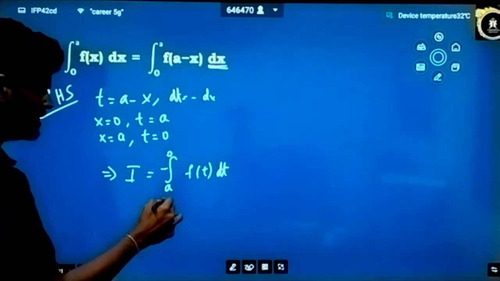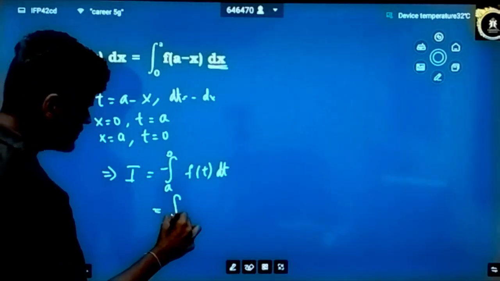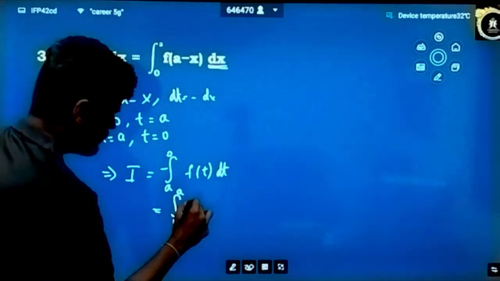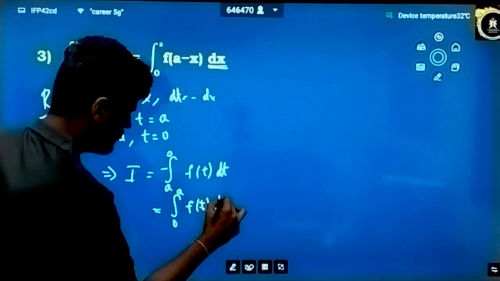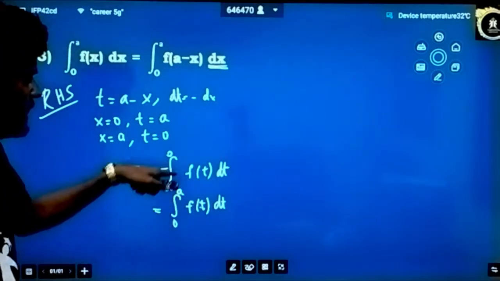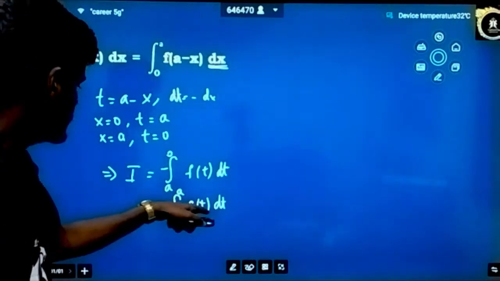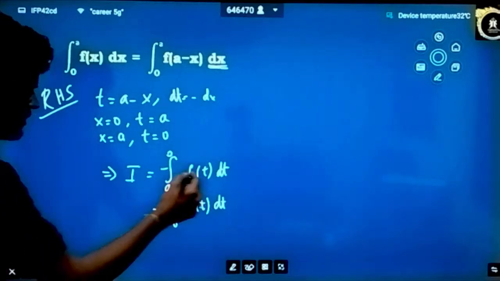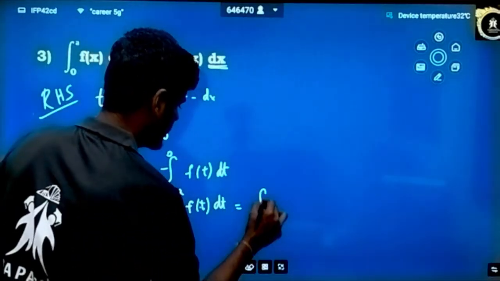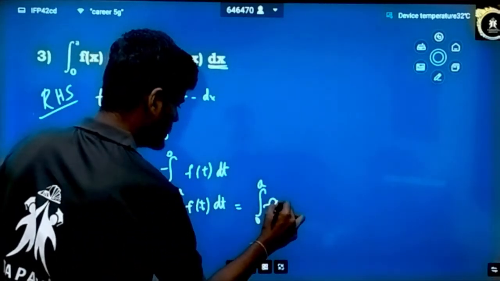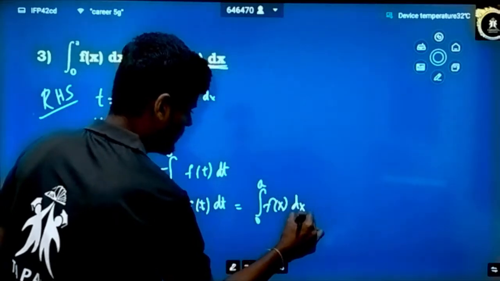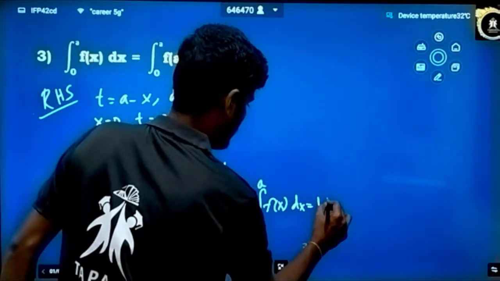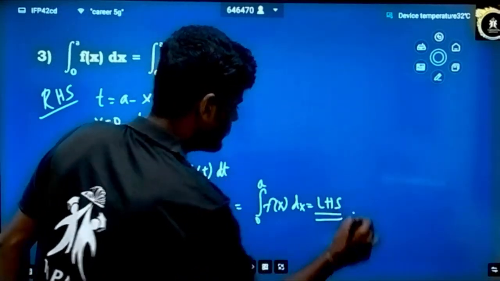Again we can interchange the limits, so that is equal to integral 0 to A, by the first property, f of t dt. And what is integral 0 to A f of t? We can change the variable, we have already seen the theorem. So this is equal to integral 0 to A f of x dx, as t is a dummy variable. That means this is equal to the left hand side. So that is the proof.